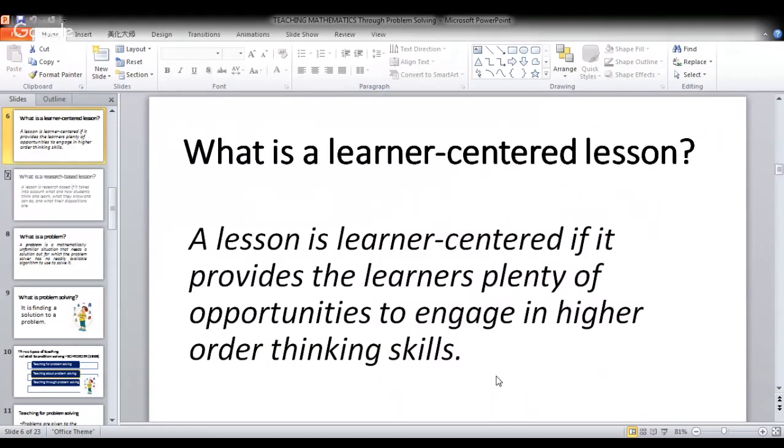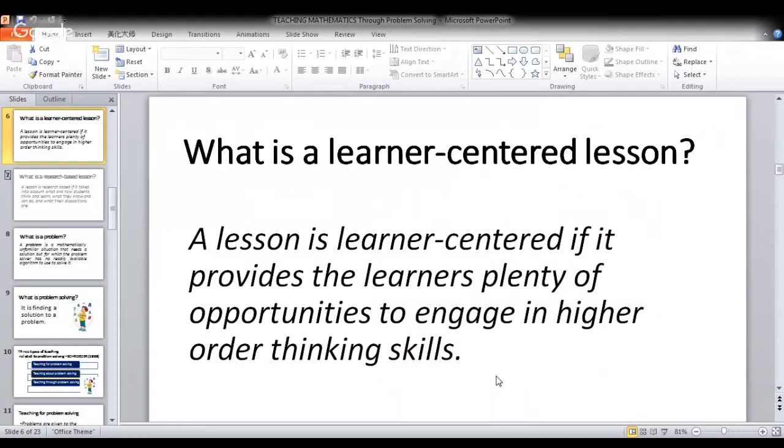Okay, so in your observation, I hope that every math teacher is thinking about how to create an enabling environment in such a way that it is a learner-centered classroom. A learner-centered classroom provides the learners plenty of opportunity to engage in higher order thinking.